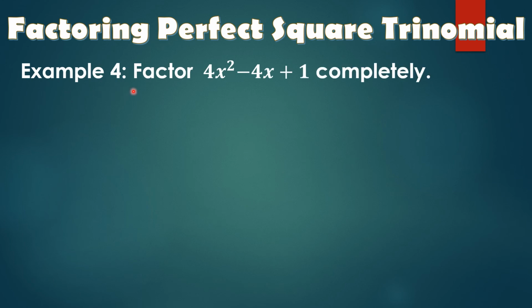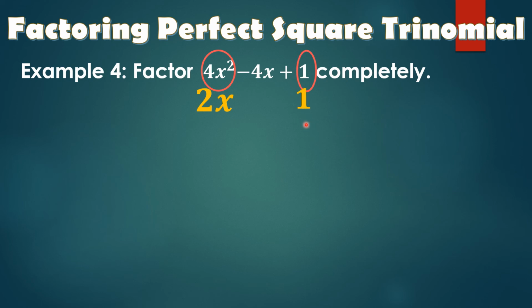Next example, let's factor 4x squared minus 4x plus 1 completely. Ano ang una natin na dapat gawin para makuha ang factors nito? Okay. Since alam naman natin na ito ay perfect square, pwede na nating diretsuhin sa pagkuha ng square root ng first term, which is 2x, at sa square root ng last term, which is 1.